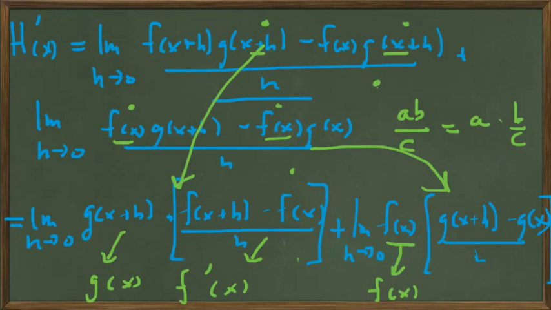So it goes to f prime of x. And what are we going to do with this expression right here? Well, that's just the limit as h goes to 0 of g of x plus h minus g of x over h, and that's g prime of x.